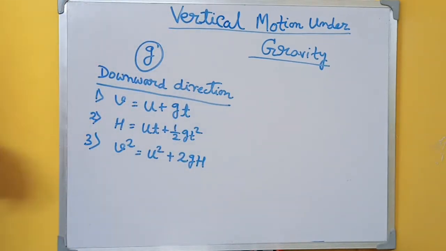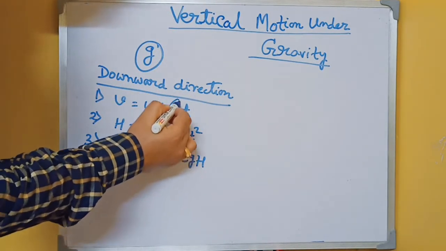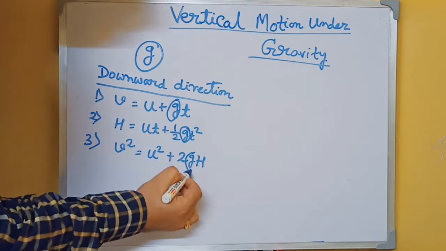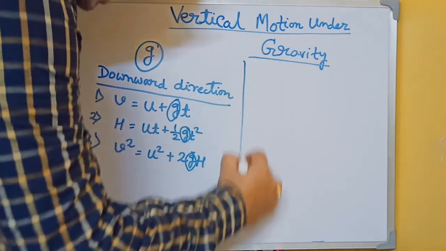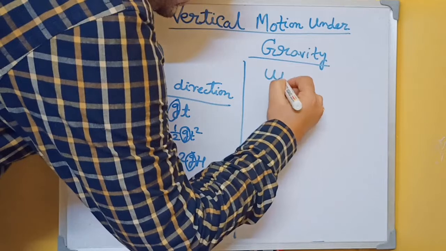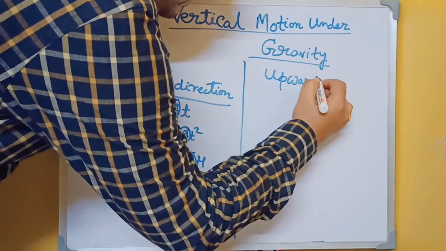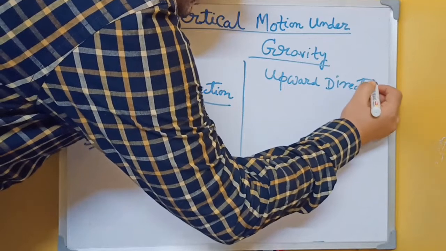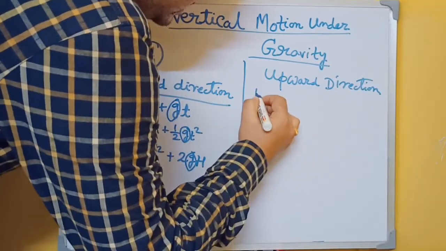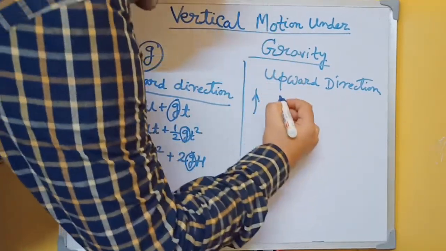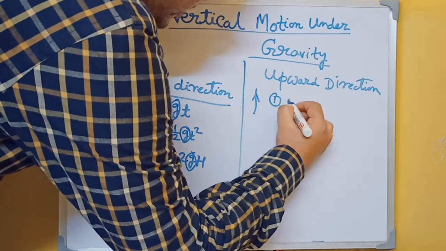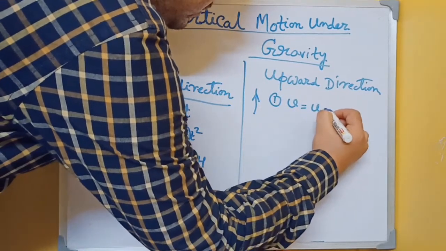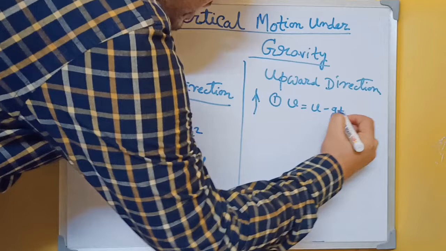In the vertical motion you consider the g, and for the upward direction, that is against gravity, in that case your equation is v is equal to u minus gt. Why minus?